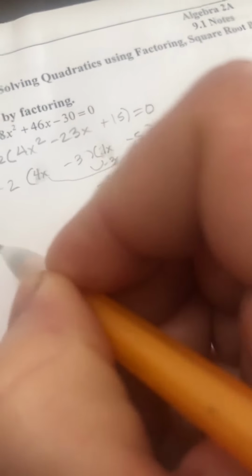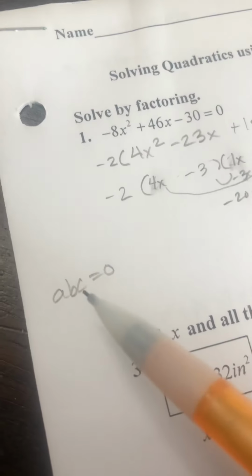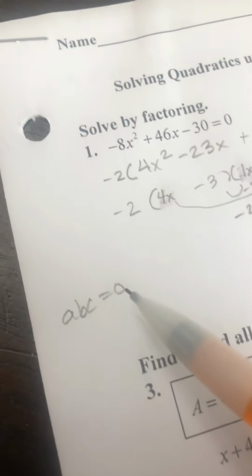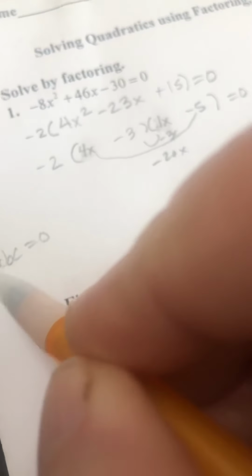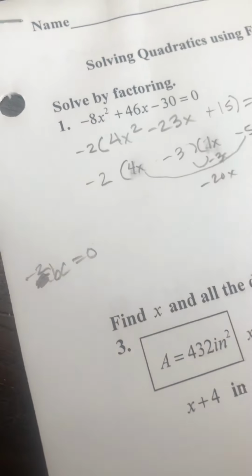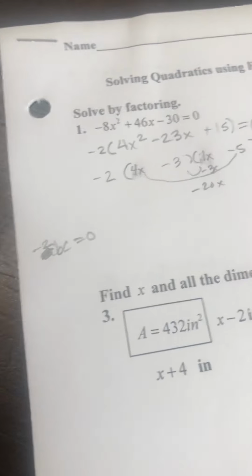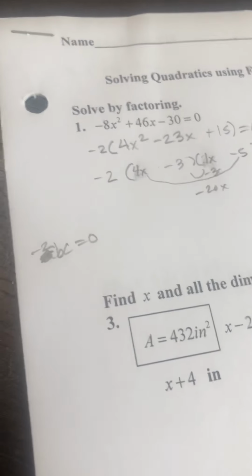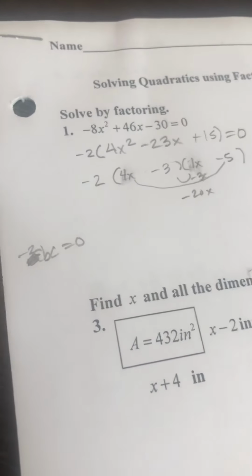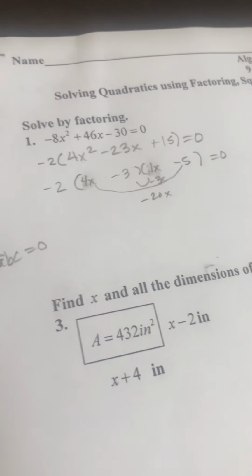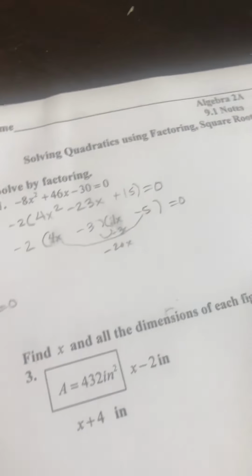Well, if I told you that 3 things multiplied together gave me 0, and then I said, wait a second, one of those is -2. Well, is -2 the reason why the product is 0? No, it must be the B or the C. So I have -2 times something equaling 0, and so it's going to be one of those things.